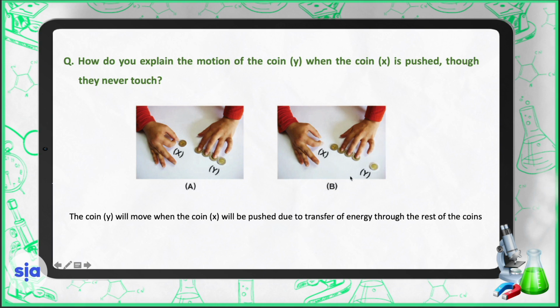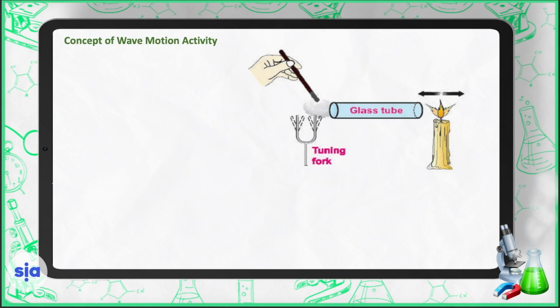Look at picture B. You will find that the coin Y will move when the coin X is pushed, because the coin X will transfer the energy to the piece after, and so on until the energy is transferred to Y and the coin Y moves. Now look at this activity and let us discuss it together.